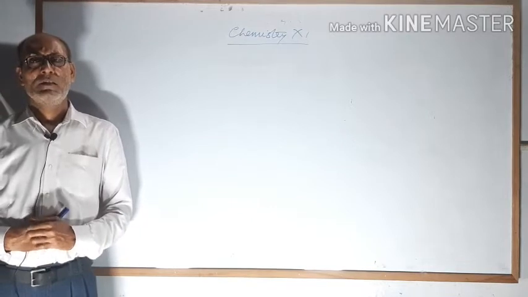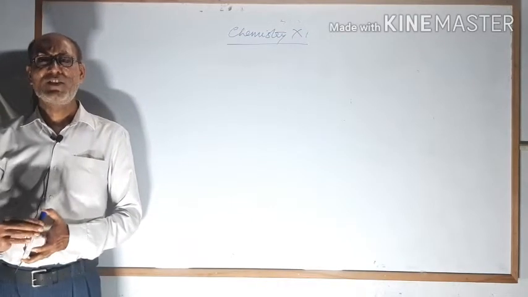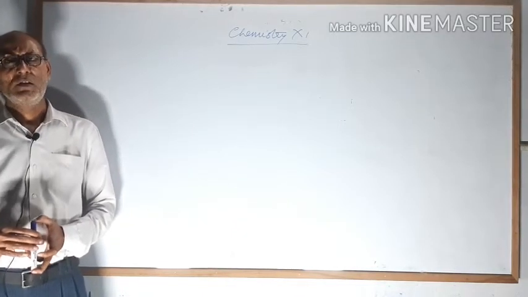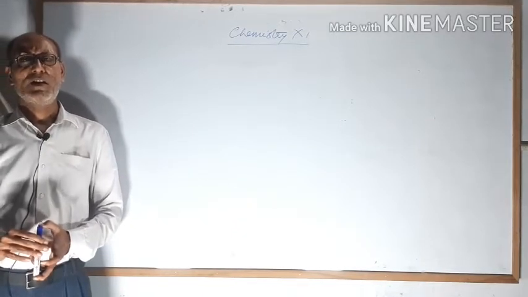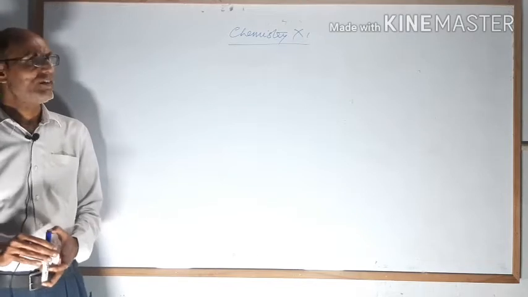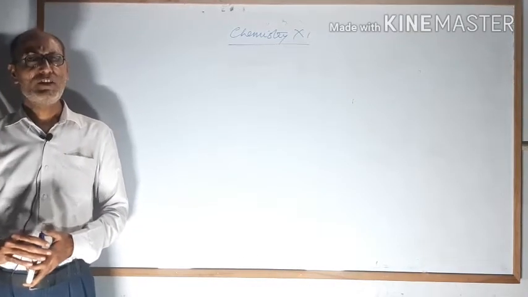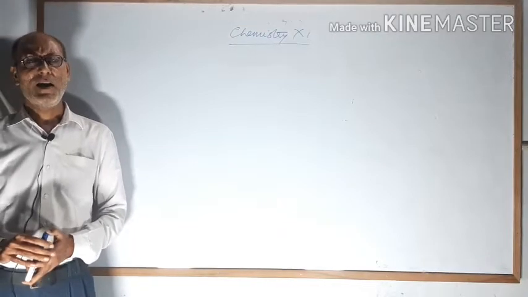As you know, in class 10th you studied the structure of the atom, and you learned that protons and neutrons are placed inside the nucleus and electrons revolve around the nucleus in a circular path.